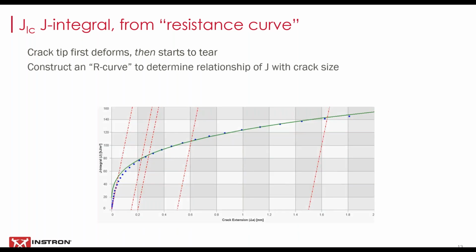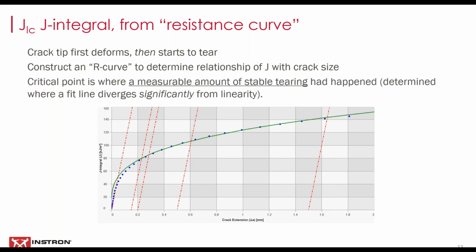So now we need to understand how that energy we're putting into it extends the crack. And we build what's called a resistance curve to do that out of a number of points. And the critical point we decide is where there's a measurable amount of stable tearing. And that's measurable in the sense of if you were to try and physically measure it, and we build that from the data and determine it.